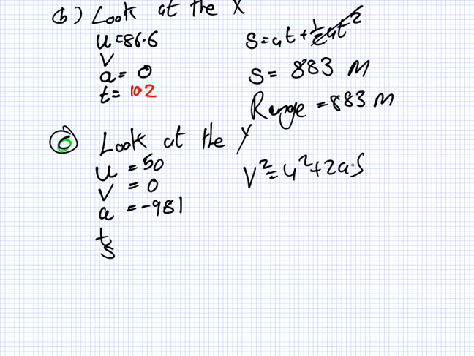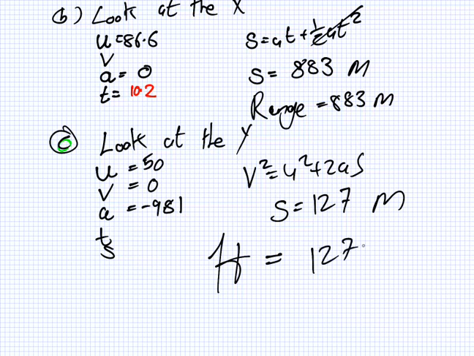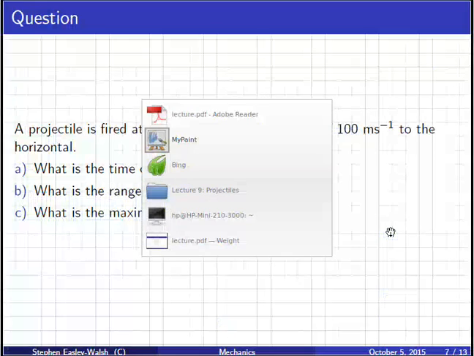Right, what was my first question? Time of flight. So what I mean is how long until it hits the ground? Okay, got the idea? So for these you want to look at the y.